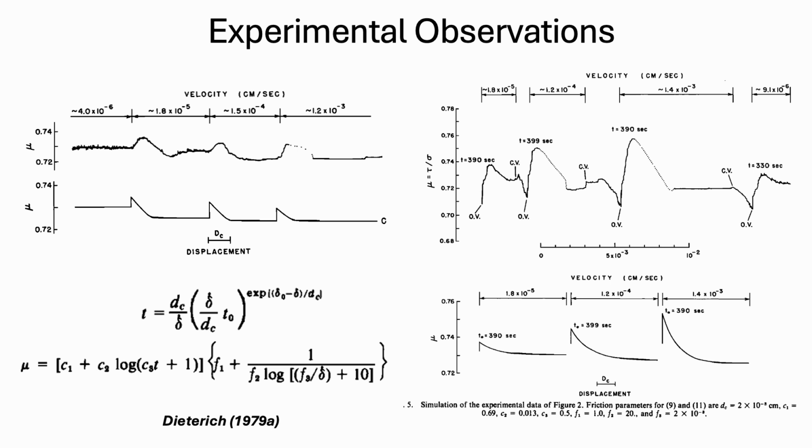So you see, friction has a dependence on the velocity being imposed on the block. The top plot is the experimental data which he had, and the bottom plot is an empirical model which he formulated, which tries to replicate the observations of the experiment.